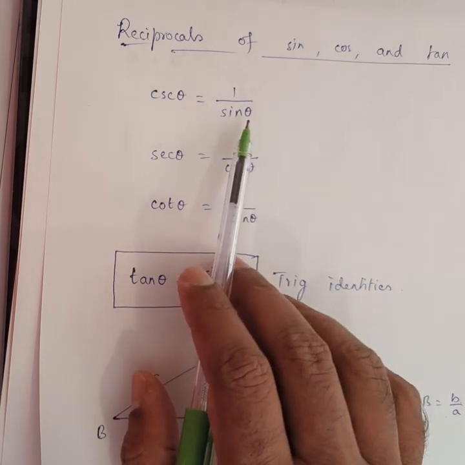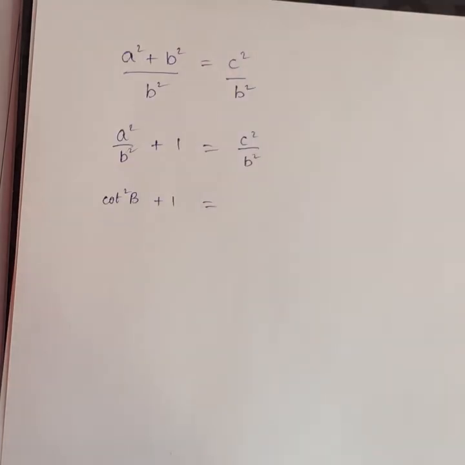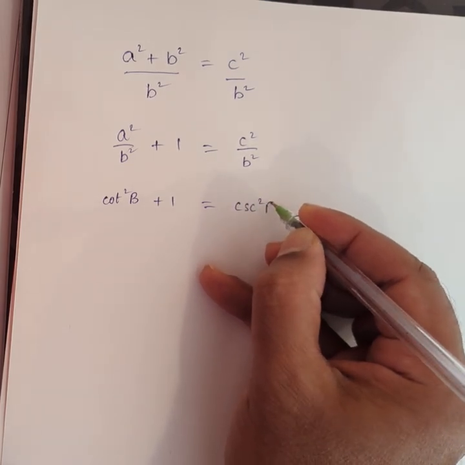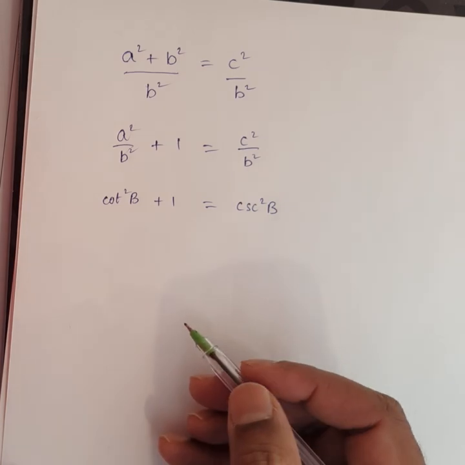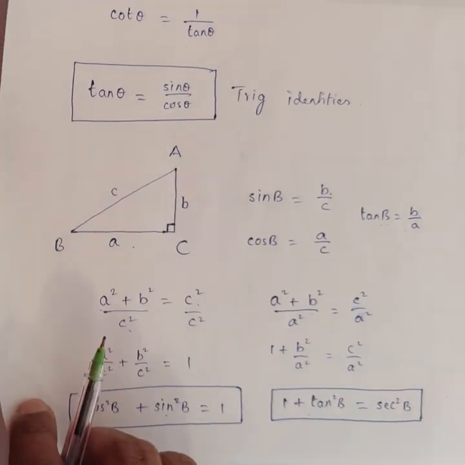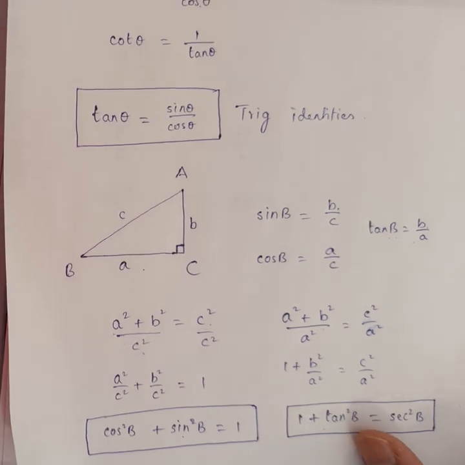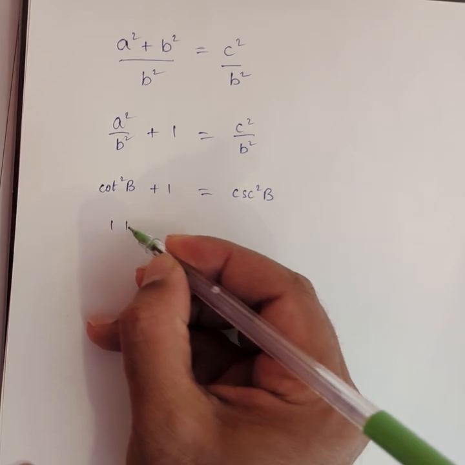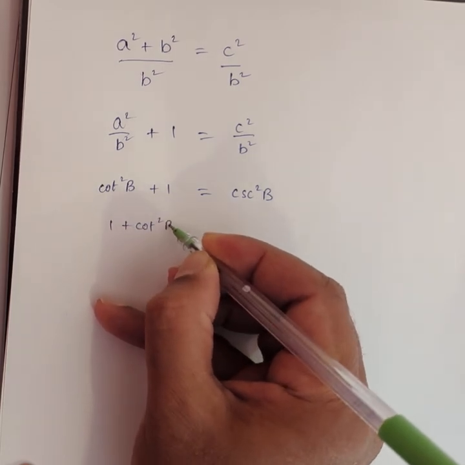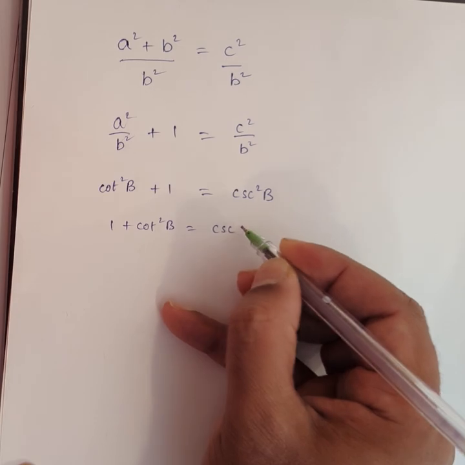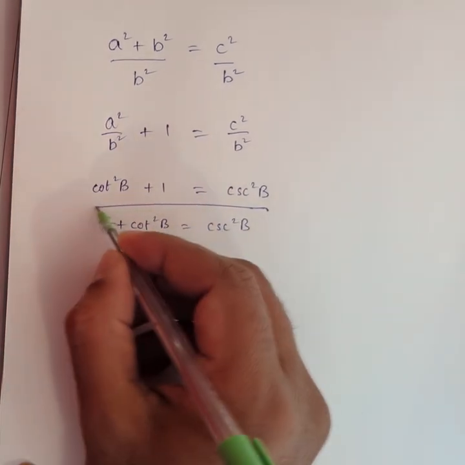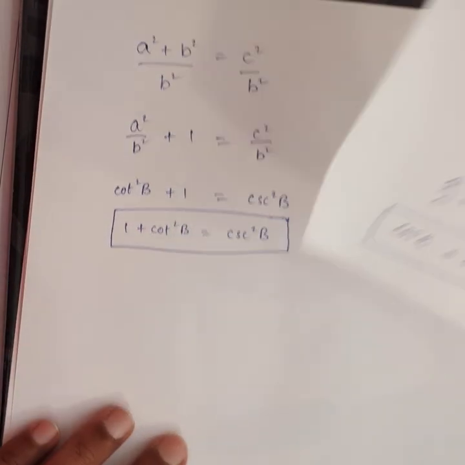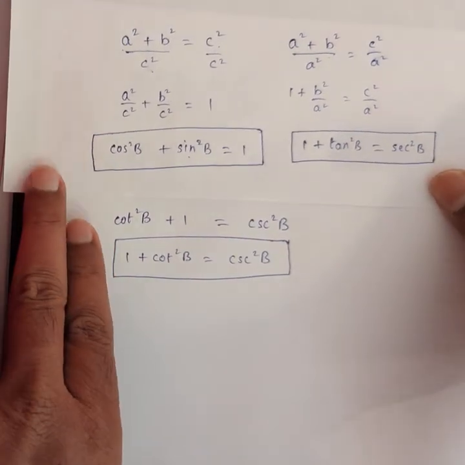What is the reciprocal of sine? It's cosecant. So this is going to be cosecant square b. Now, so that it looks something like this, let me write this as 1 plus cot square b equals cosecant square b. So here are our three identities, and these are called the Pythagorean identities.